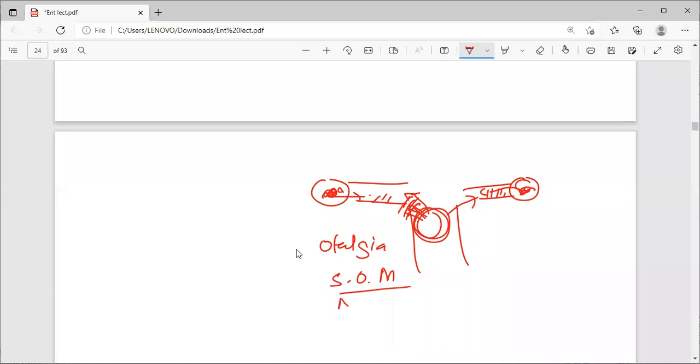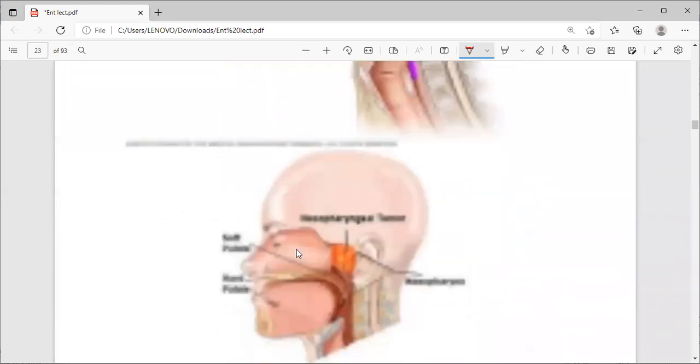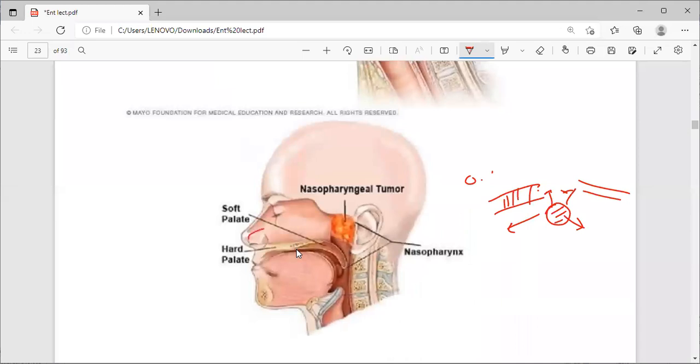Then you will have nasal obstruction. Why? Because the tumor is at the end of the nasal passage. You can see this is the nasal part; if the tumor is present here, it can block it. So there will be nasal obstruction, and discharge coming out of the nose, or epistaxis.